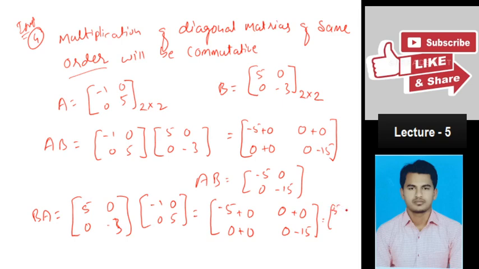Minus 5 0 0 minus 15. Now comparing AB and BA, both are equal. It means what? If both are equal, it is commutative. When two matrices are diagonal matrices of the same order, then it is commutative.